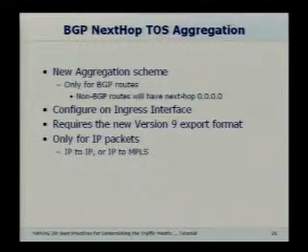There's also a new aggregation scheme which I've been using myself in a few deployments lately, which is the BGP NextHop aggregation. This is really easy because it will tell you for traffic on a certain router, not the destination where it's going, but it will tell you which is the next hop in the BGP table.